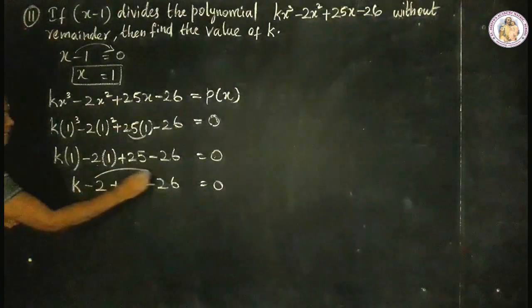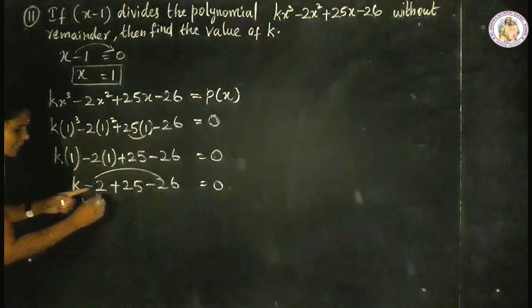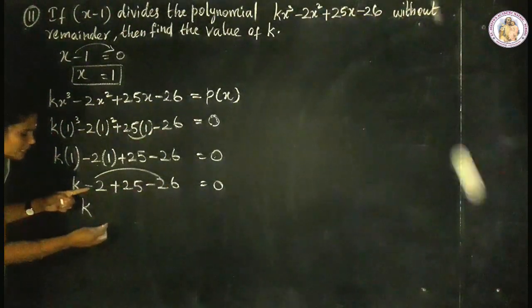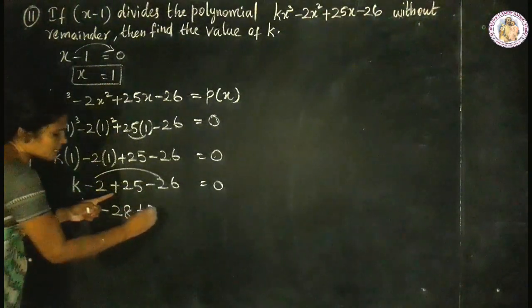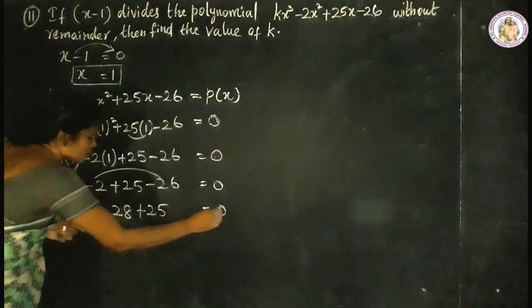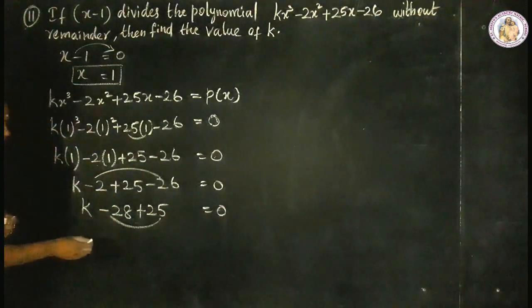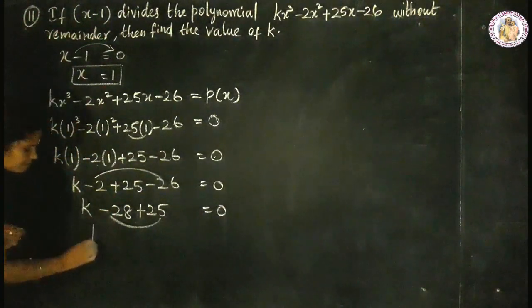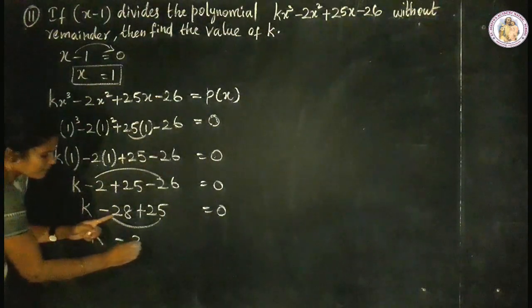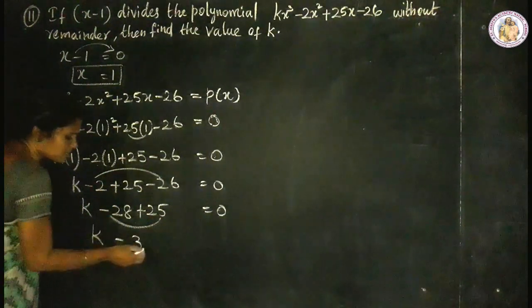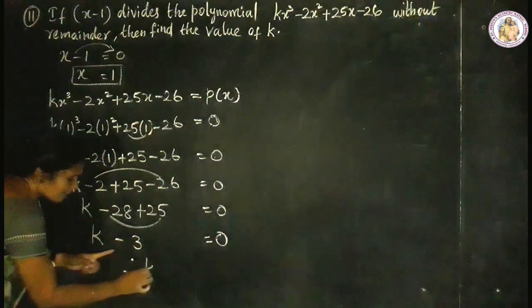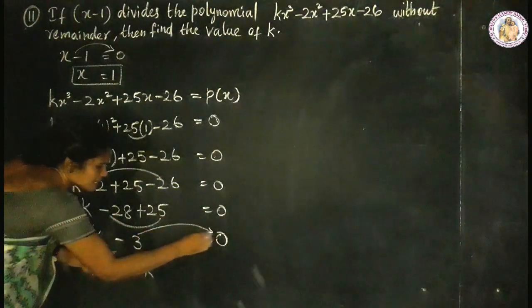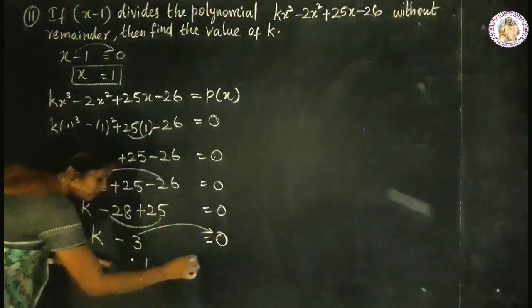Now same sign, so k minus 2 and minus 26 is minus 28, same sign, and plus 25 is equal to 0. So different sign, 28 minus 25 is 3, minus 3 is equal to 0. Therefore k, take minus 3 to the right side. So k is equal to 3.